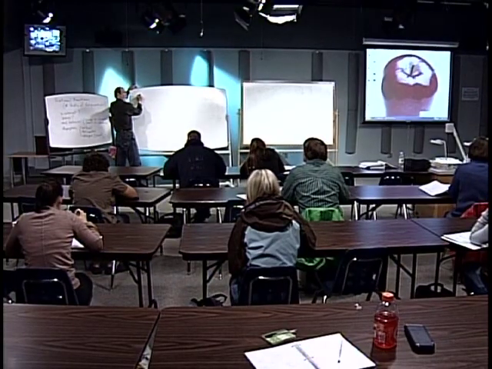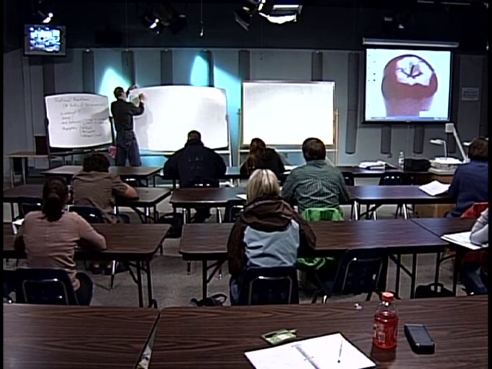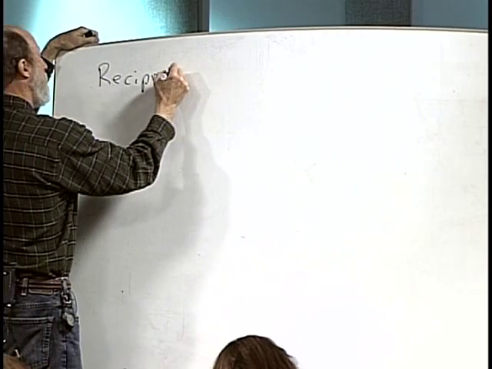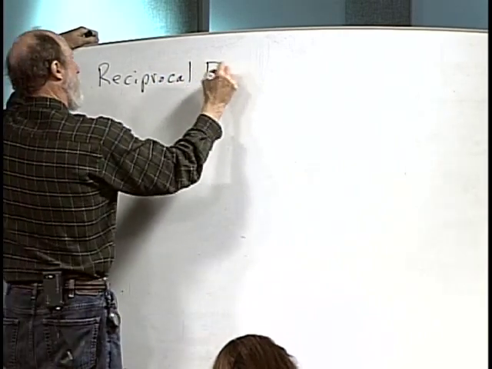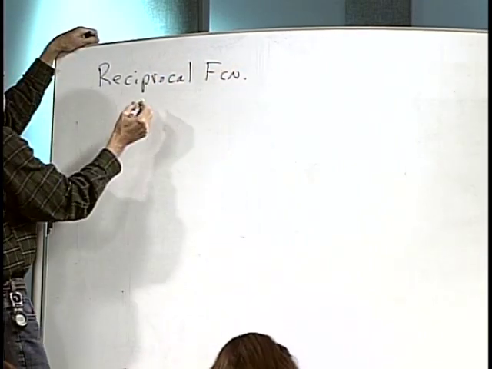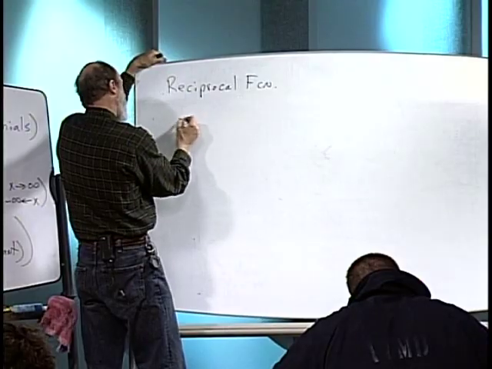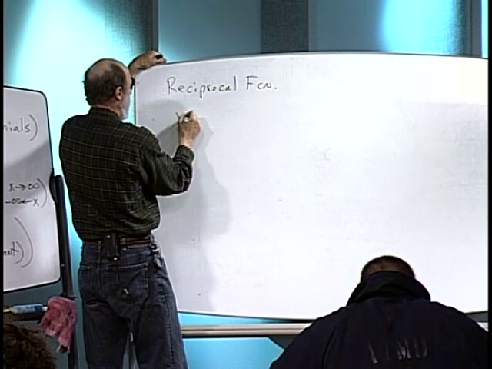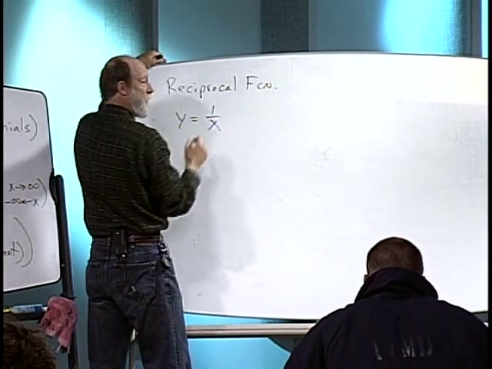The simplest one is called the reciprocal function, and what it is simply is y equals 1 over x.